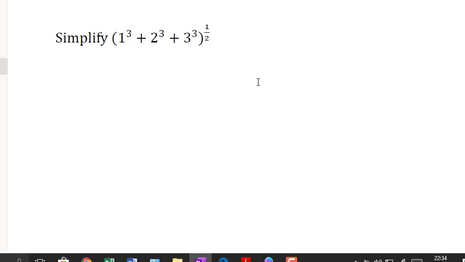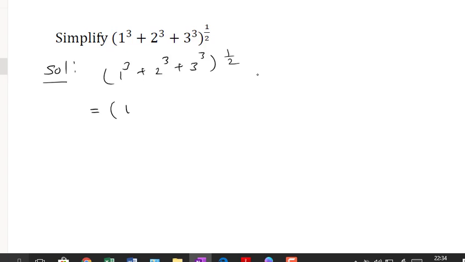Now let us see the next question, question number 4. Here we have to simplify (1 power 3 plus 2 power 3 plus 3 power 3) the whole power half. So simple question. What we do, 1 cube plus 2 cube plus 3 cube, the whole power 1 by 2. First I simplify the bracket.